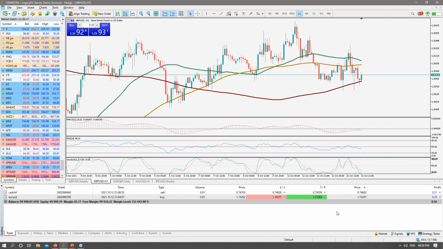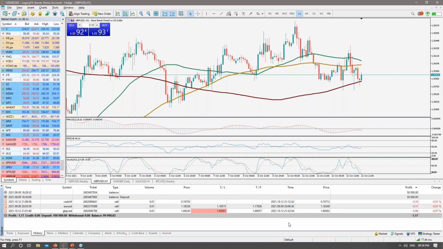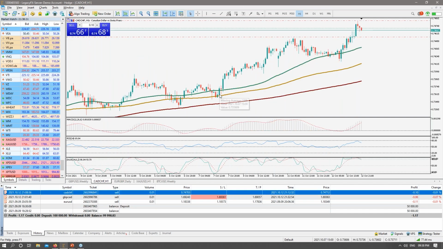Let's see if these trades did anything yet. Okay, we lost one. Which one did we lose? Did we do the CAD CHF? No, CAD CHF is still there. Oh, that's the one we closed manually.